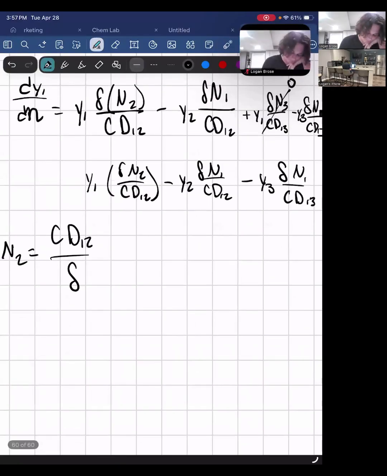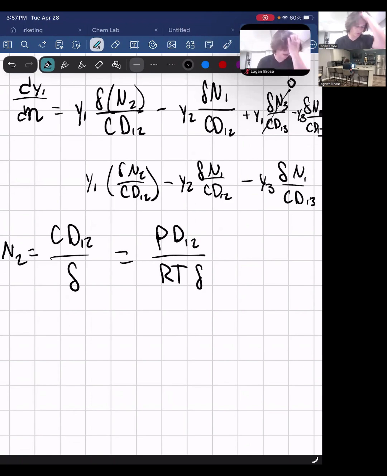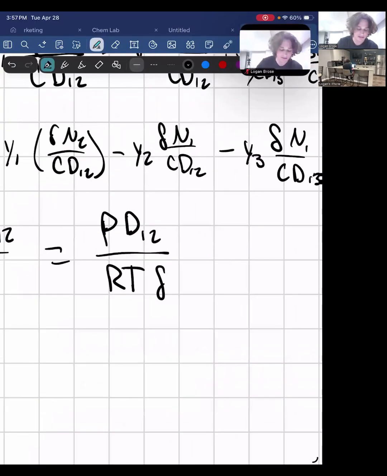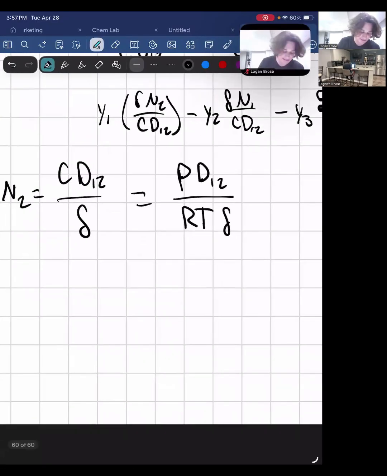So we'll get that equal to pd12 over RT delta. And so when we do this, we can look at just the magnitudes of the individual elements to get our guess here.